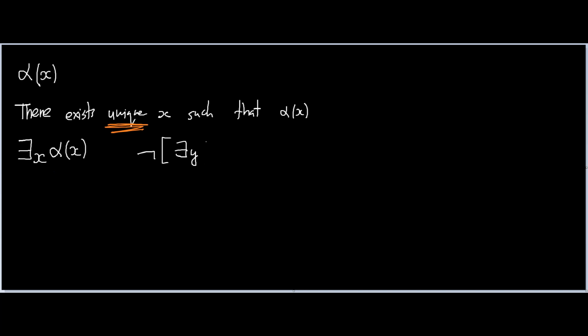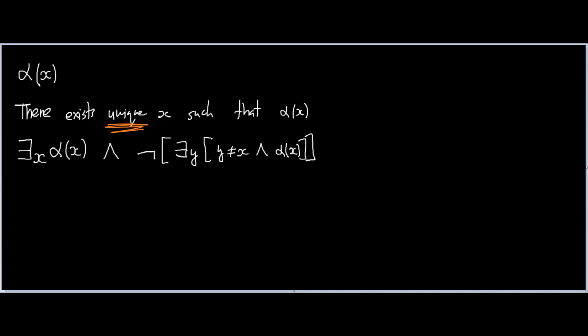So it's not true that there exists something else that's different from x. And at the same time, alpha x is true. And then I could maybe combine these two with a conjunction, because I want both of these things to be true.